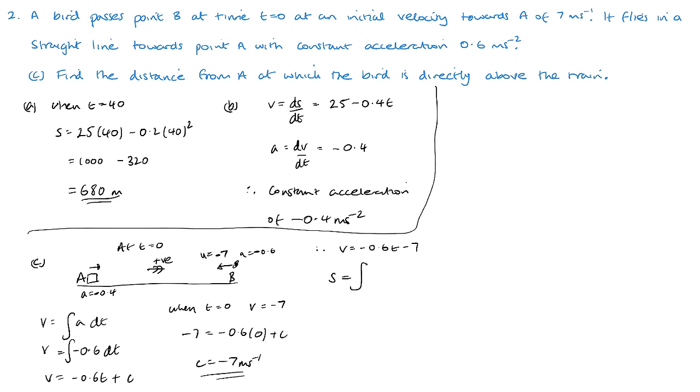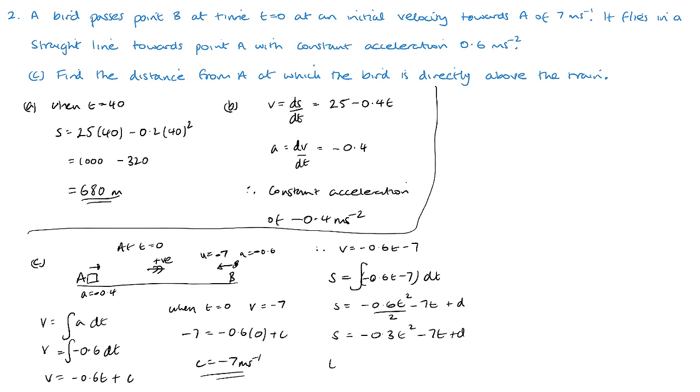So we've got the integral of minus 0.6t minus 7 dt. So 0.6t squared over 2 minus 7t plus, let's call it d this time. So minus 0.3t squared minus 7t plus d.